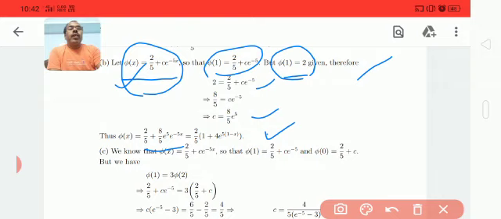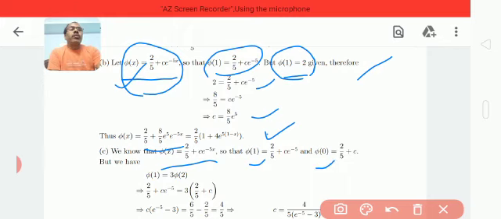Now let us consider the third question of this example. So phi of x is the solution of the given differential equation, so that you will have phi of 1 as this, and phi of 0 is equal to 2 by 5 plus c. Just put x is equal to 1, you will get phi of 1.